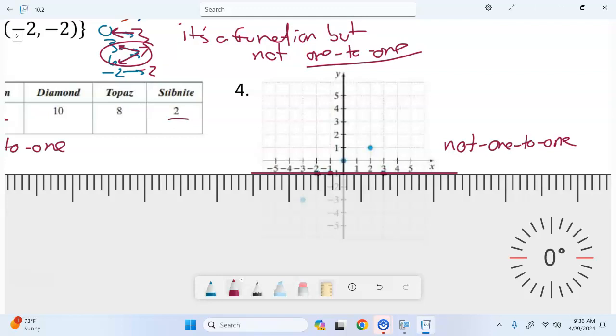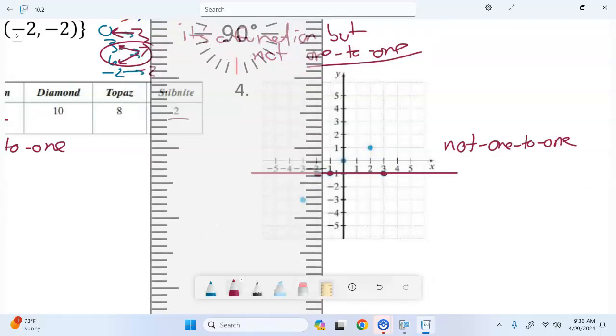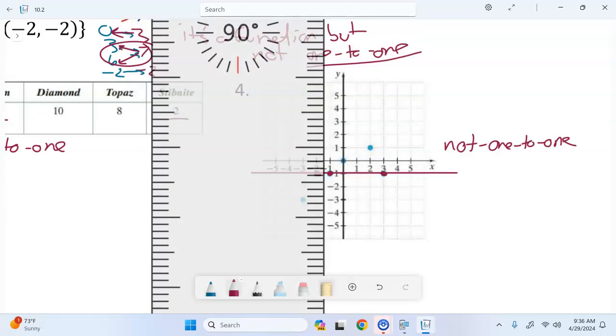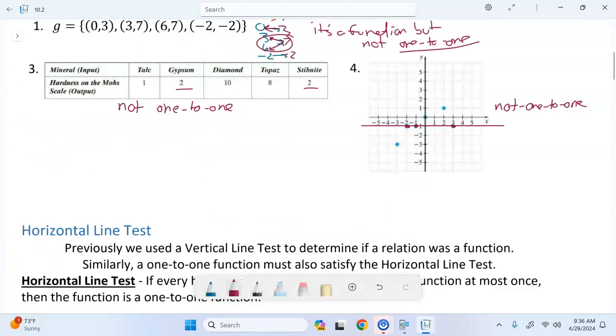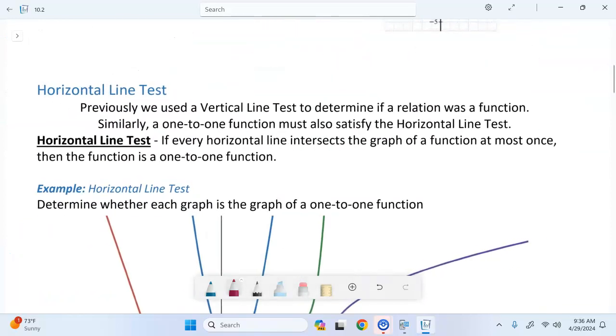So we can look graphically and say, first determine, is it a function? And if it is, does it pass the horizontal line test? If a horizontal line intersects the graph of a function, again assuming that it's a function, at most once, then it is a 1-to-1 function, meaning that none of the y values repeat, none of the x values repeat.